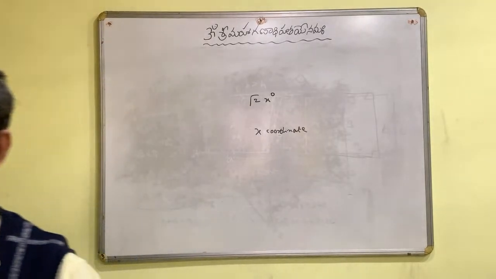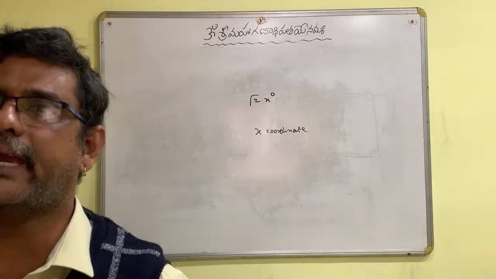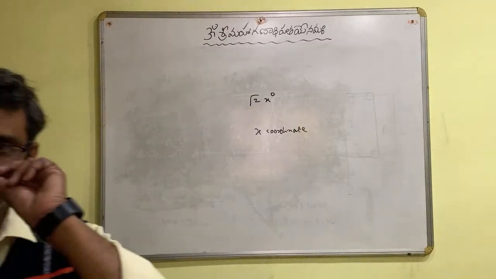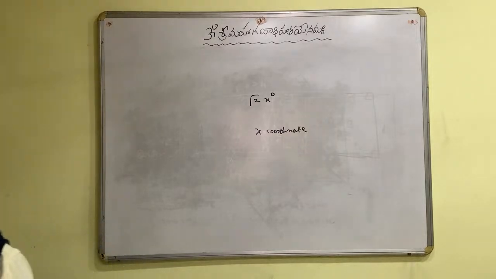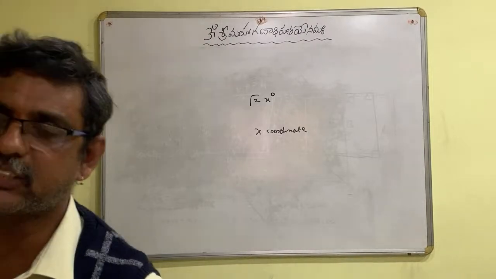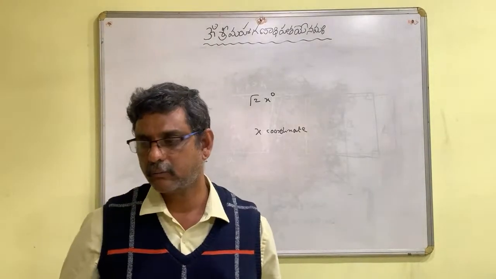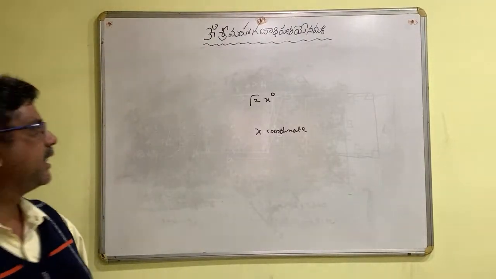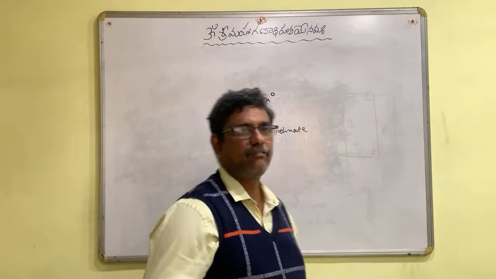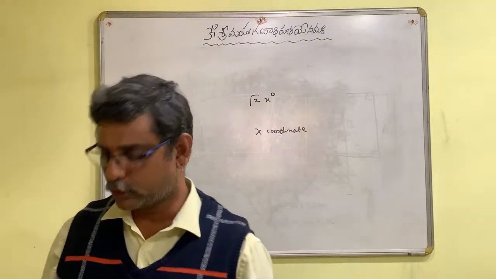It is positive in the first quadrant and positive in the fourth quadrant. Abscissa means x coordinate. It is positive in first quadrant as well as fourth quadrant.